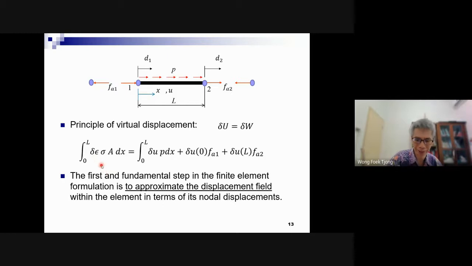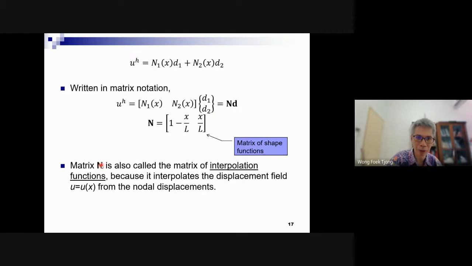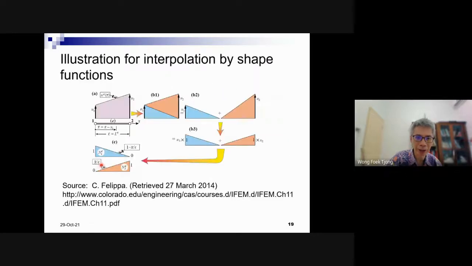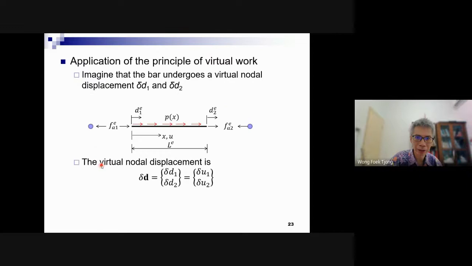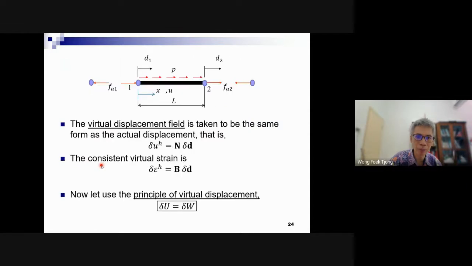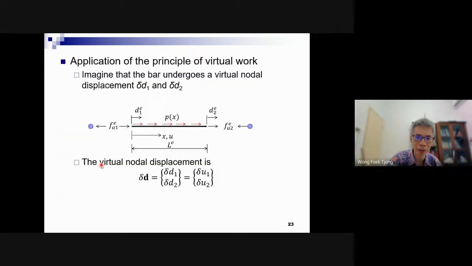As I said before, in finite element we take the same form for the virtual displacement as the actual displacement. So to apply the principle of virtual displacement, we should define the virtual displacement. How to define it?